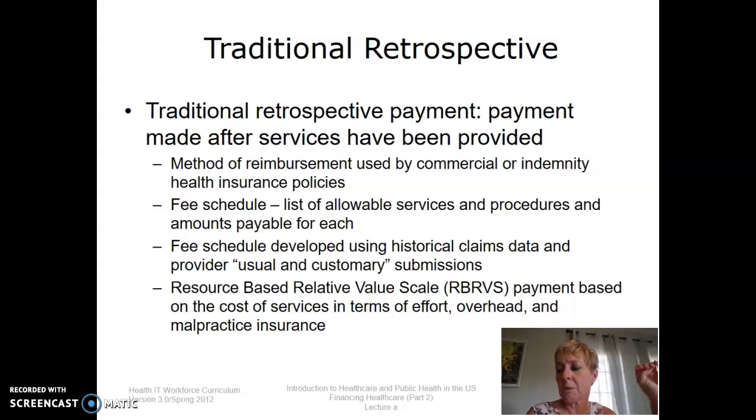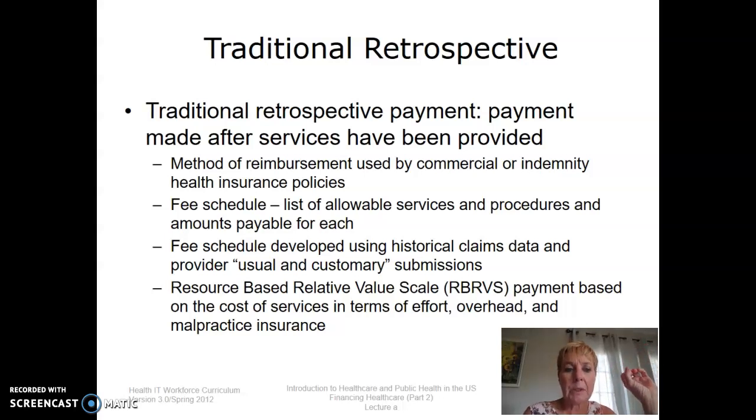So that's used mostly by commercial insurance or indemnity health insurance policies. Then, traditional retrospective, they have a fee schedule, and that's the list of allowable services and procedures and how much you can get paid for each one. The fee schedule is developed by using historical claims data and the provider's usual and customary charges. So they use historically.